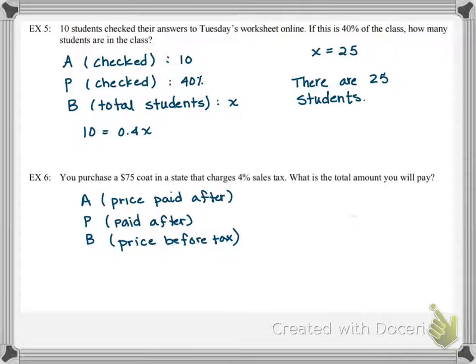So what we're actually paying includes both my base amount and also the tax, not just the 4%, right? So what percentage am I actually paying after tax? 100%. Right, it's the price of the coat, which is 100% of the price of the coat, plus the tax, which is another 4%.